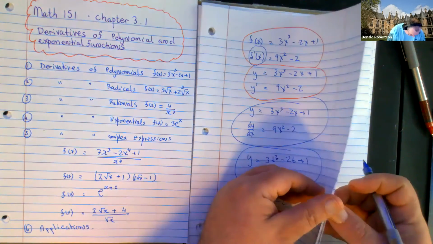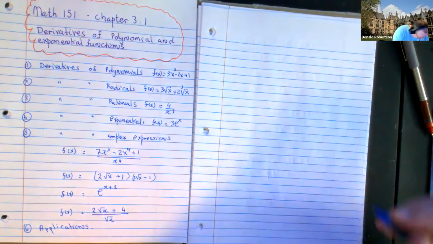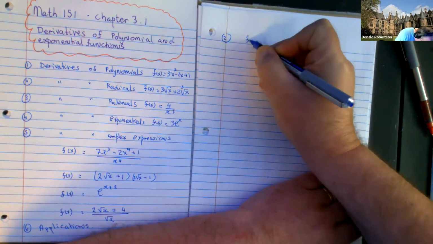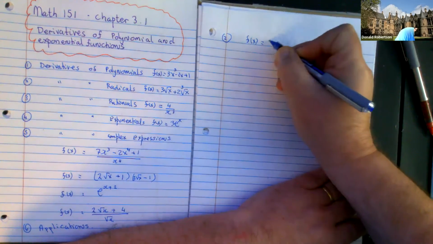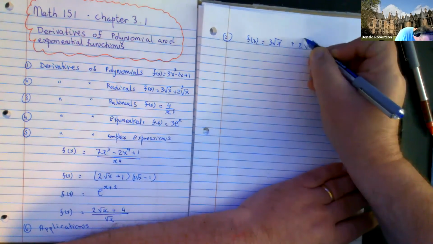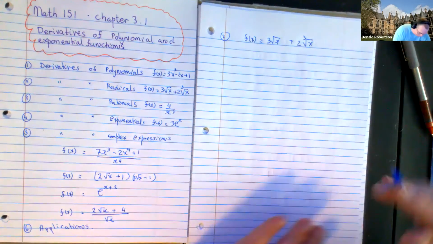Okay, so that's my one candidate for a simple polynomial. The next thing we're going to look at, again an overlap from Friday, is how you deal with radicals, square roots and cube roots.